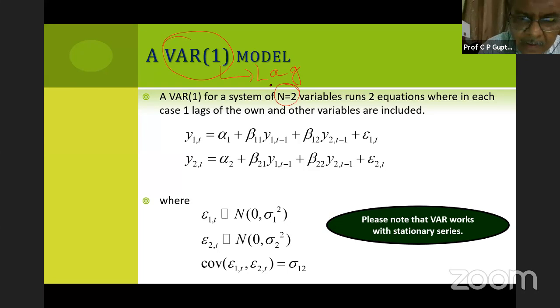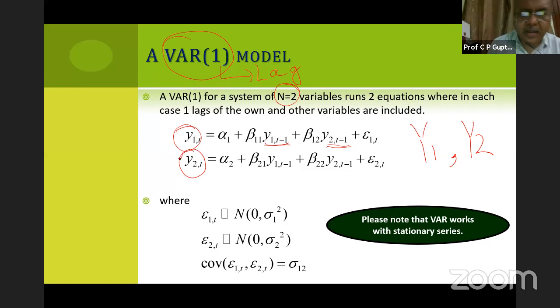You see here y1, y2. We have two variables y1 and y2. One equation in terms of y1, and in terms of y2 we have another equation. Now you can understand the coefficients. The error term is normally distributed.